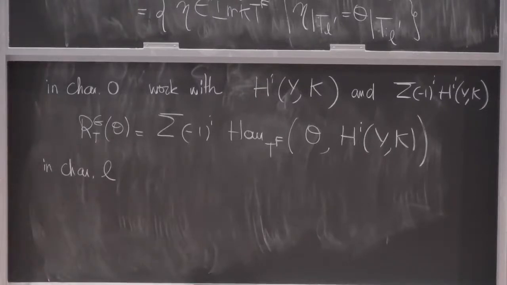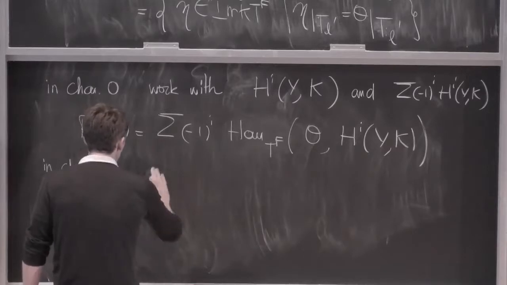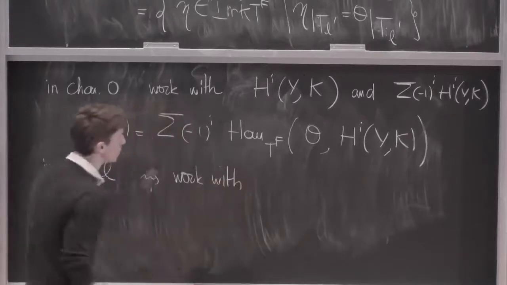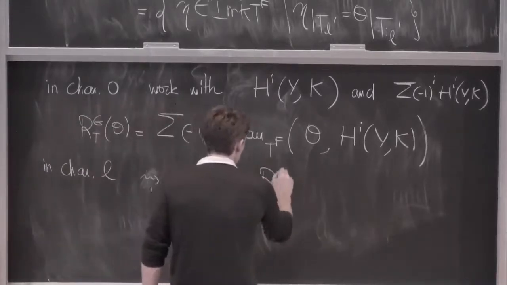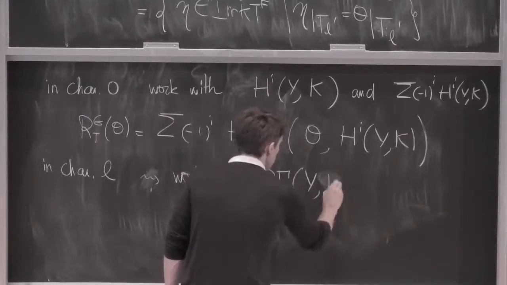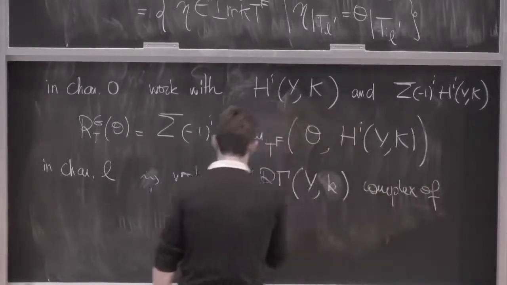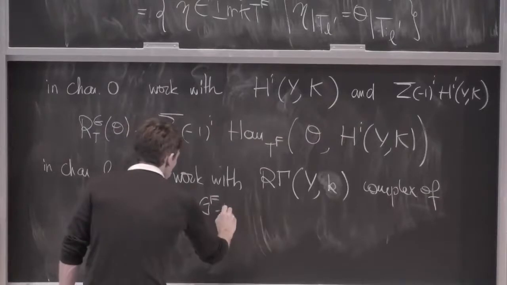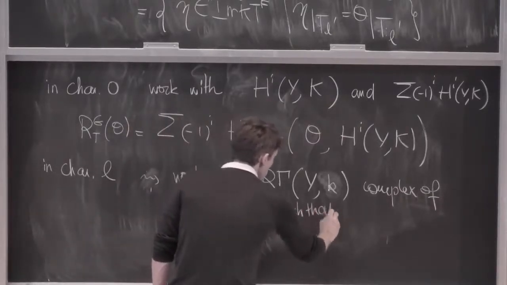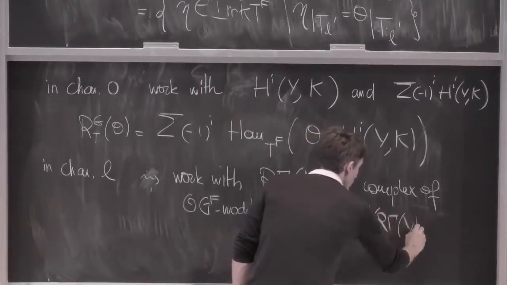In characteristic L, the equivalent of doing such a thing is to work not with individual cohomology groups, but rather with a complex. So let's say K. It's a complex of OGF modules such that the cohomology of this complex is really the cohomology of the variety.